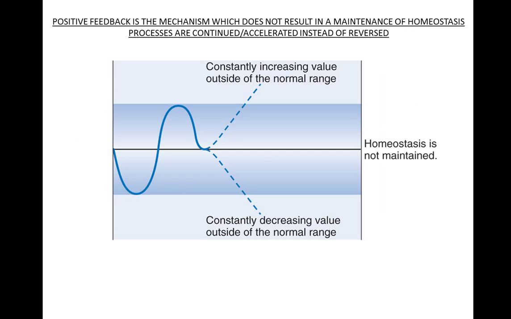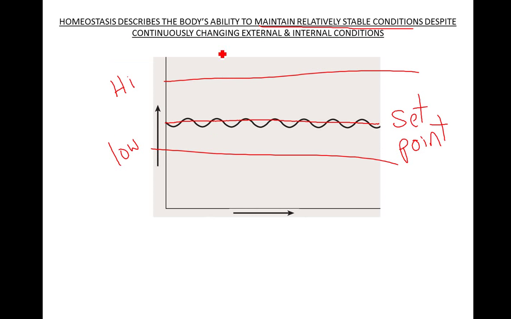So take a look. With positive feedback, here's this set point. Positive feedback doesn't maintain homeostasis. It runs its course. If we go back to this, unfortunately, if you're in a situation where you go high and you don't come back down, that's a homeostatic imbalance that could cause disease.